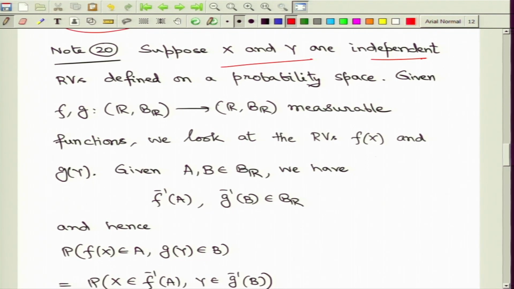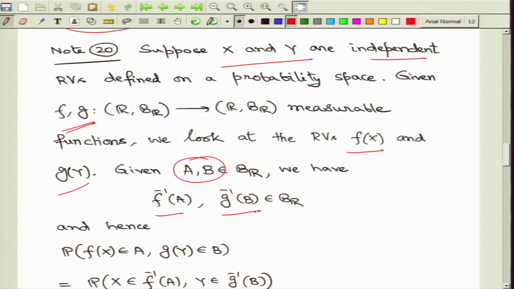So, here we take two Borel measurable functions f and g on the real line and look at the random variables f of x and g of y. By the measurability of the functions f and g, if you take any Borel sets A and B, then their pre-images must again be Borel subsets of the real line.